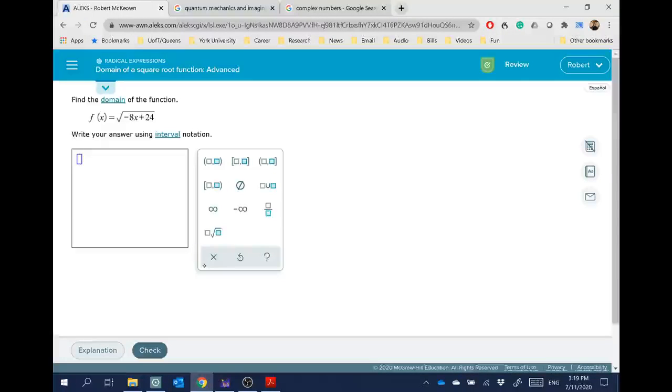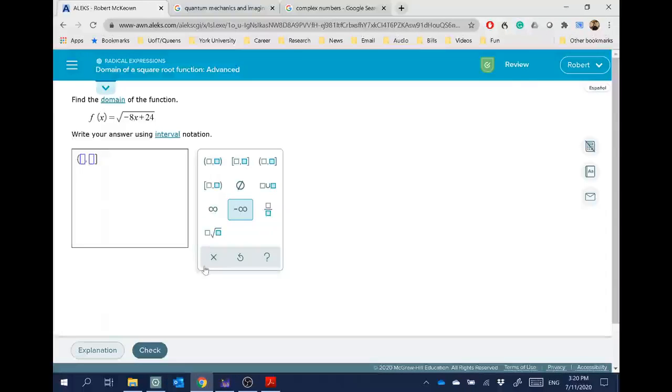So here I am on ALEKS, and it's asking me to write my answer in interval notation. I'll start by picking the correct brackets that I want, and it's this one right here, where it's a rounded bracket on the left because it's an open interval, and it's closed on the right. It can only go up to 3.